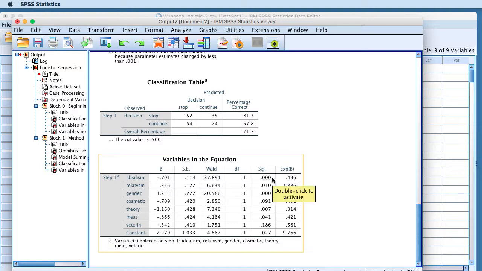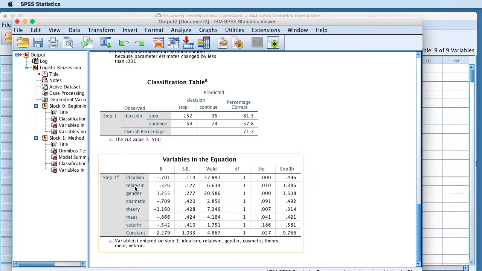In this case, idealism, relativism, gender, theory, and meat production were significant predictors of whether an individual would decide to stop or continue the experiment. And so if we look at, let's just say, relativism, what's really important to interpret here that helps us to understand the contribution is the expected B. In other words, another name for this is the odds ratio.